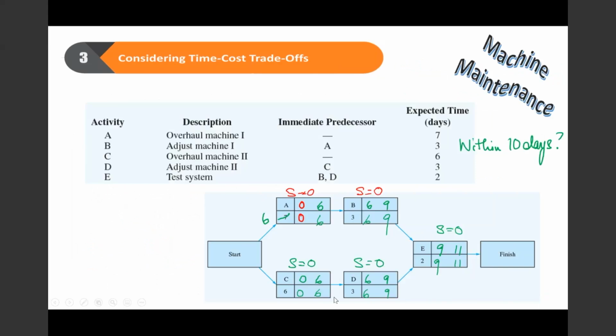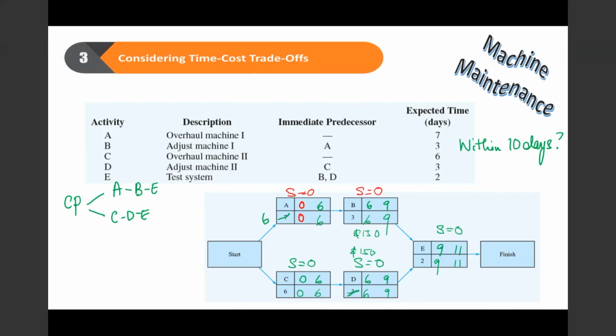Once crashed, I now have 2 critical paths, which is A, B, E, as well as C, D, and E. Crashing of activity D and activity E is now the least, so I can choose either one to crash. So let's say I crash activity D. So now this becomes 2 days.